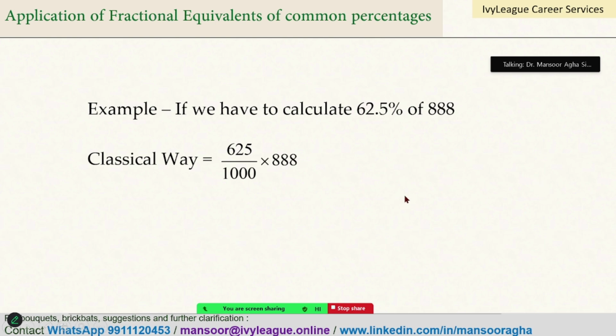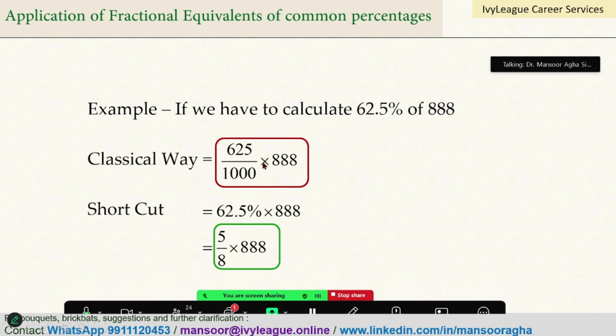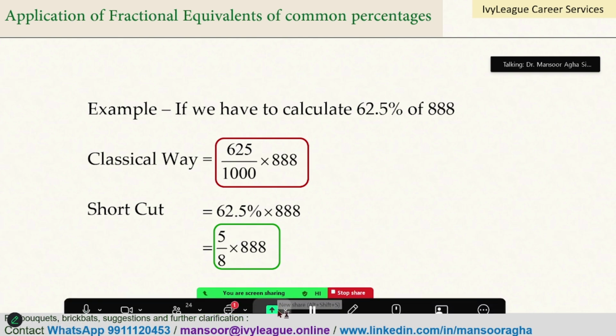But the smart way, if you have mugged up all of these values, is that whenever you see 62.5%, your brain should think about a shortcut: 62.5% is equal to 5 by 8. And you simply multiply 5 by 8 by 888. Now choose between these two methods. Do you want to use this calculation or do you want to do this calculation? The second one is definitely better.